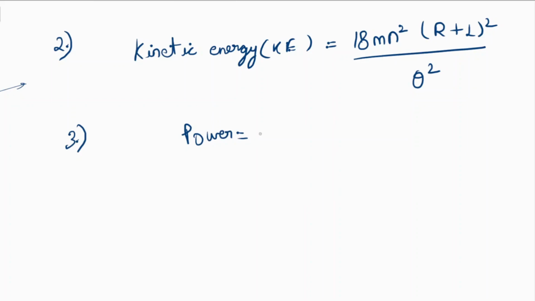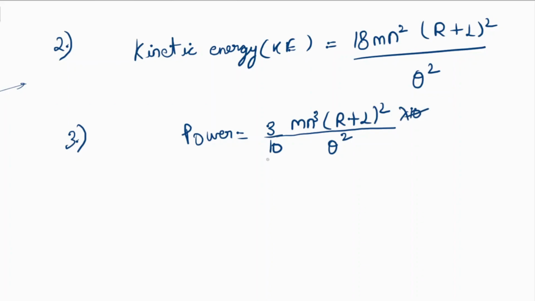So this is the kinetic energy, and due to this kinetic energy, one more formula, power. So power is equal to 3 upon 10 m n cube (R plus L) whole square upon theta square into 10 to the power.